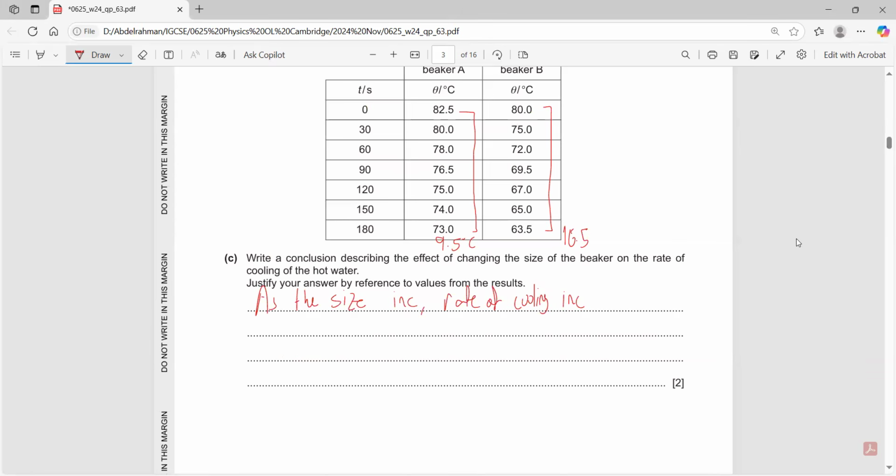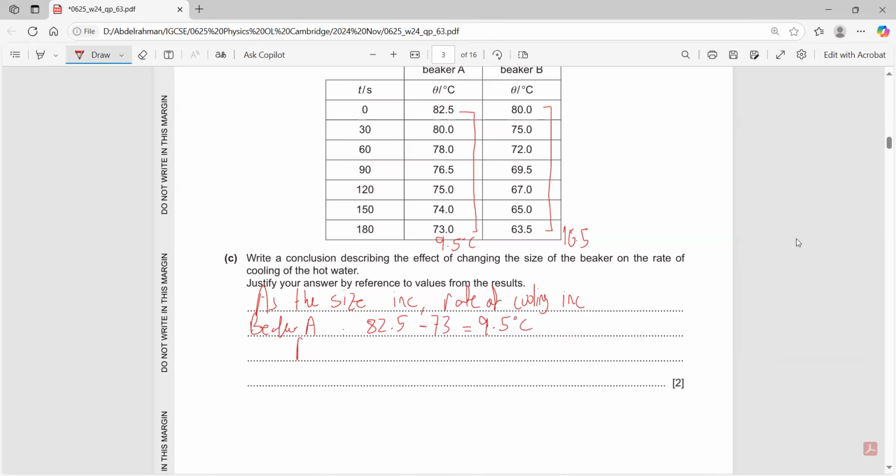Then we need to write down the numbers. Beaker A, which is smaller, started off at 82.5 and ended at 73, which is a difference of 9.5 degrees Celsius.